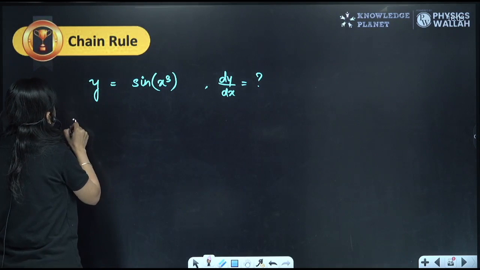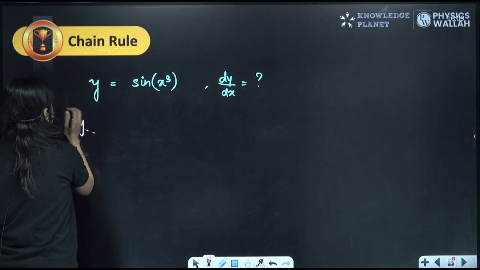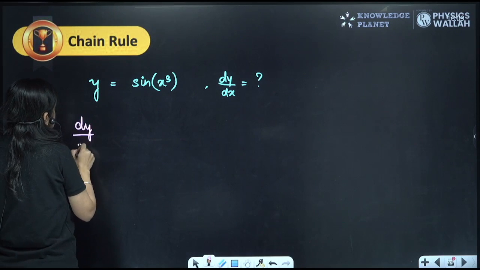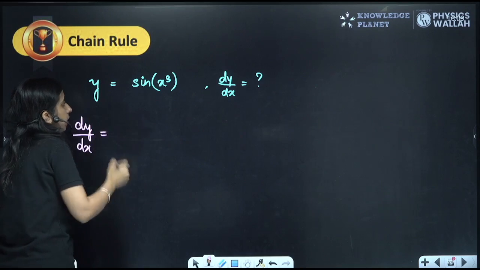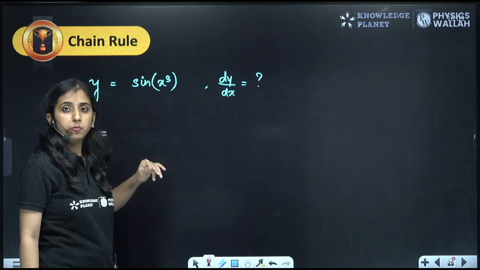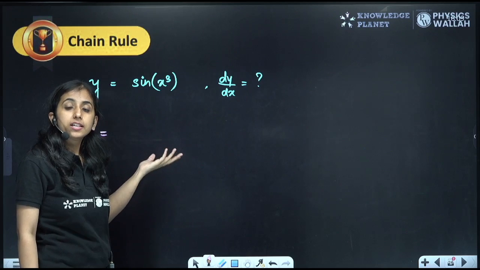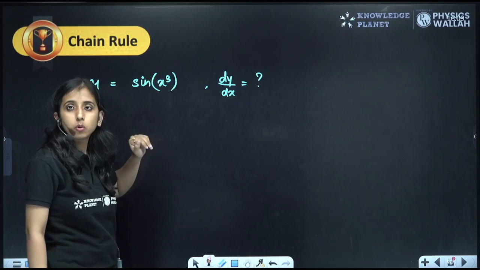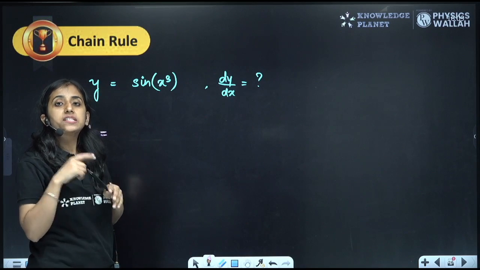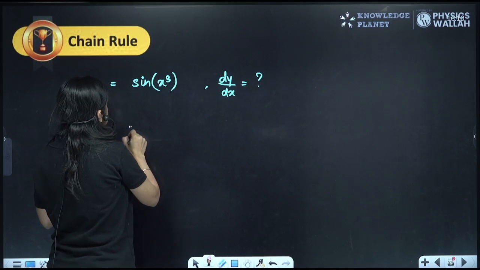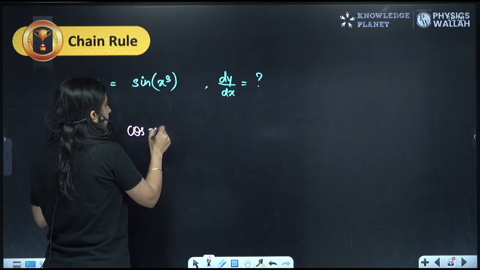What does the chain rule say? dy by dx will be equal to: differentiate the function with respect to x cube first, in the same way we would be differentiating if x was present over here. Differentiation of sine x is cos x, so differentiation of sine x cube will become cos x cube.